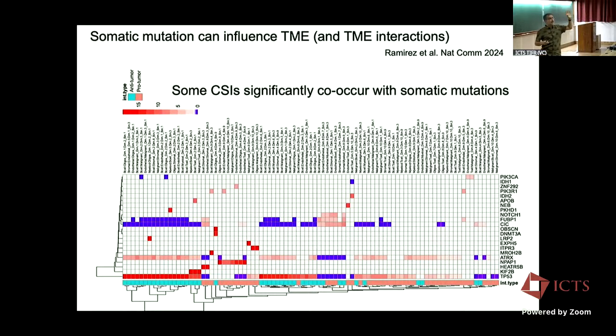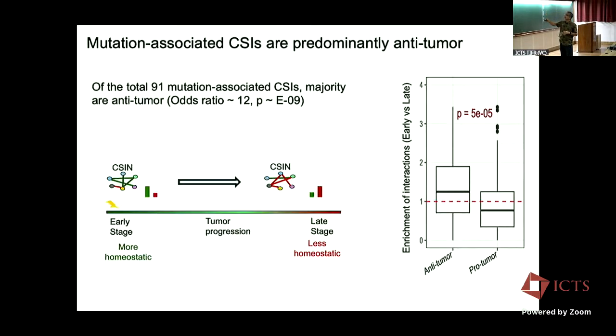Actually, we did it for every mutation that occurred in at least X% of patients, basically, just to have enough statistical power. And we are correlating the mutations with the existence of a specific CSI, cell-state interaction pair. Okay? So all these are either positively or negatively correlated. These are the genes that are mutated, and these are the cell-state interactions. Don't worry about it. But this is what we saw.